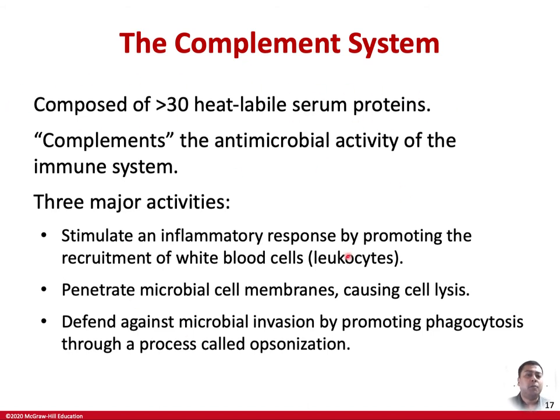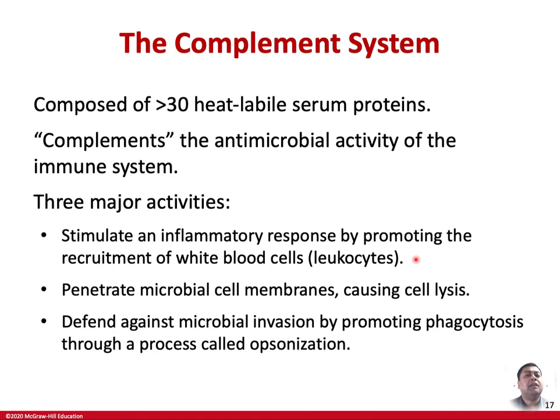So what do they do? They do three major activities. They stimulate an inflammatory response by promoting the recruitment of white blood cells, or leukocytes. So what is an inflammatory response? An inflammatory response is a release of some chemical mediators which promote a couple of different things. They increase the blood circulation to a particular site. They can cause pain and swelling.